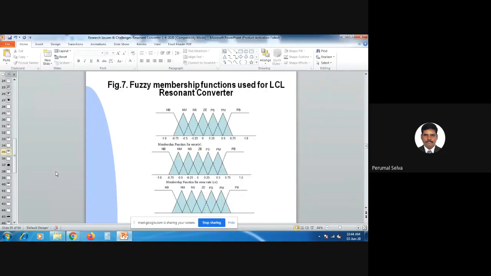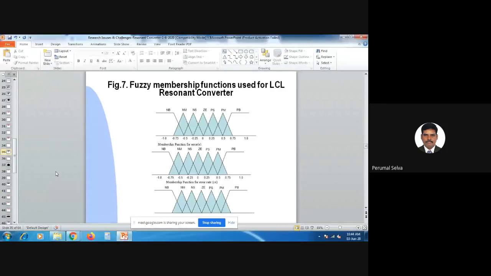So the LCL converter is modeled using MATLAB software. Fuzzy control is developed using the fuzzy toolbox. The fuzzy variables E, CE, and D are described by triangular membership functions. Seven triangular membership functions are chosen, and in the next table, one fuzzy rule matrix table is there.